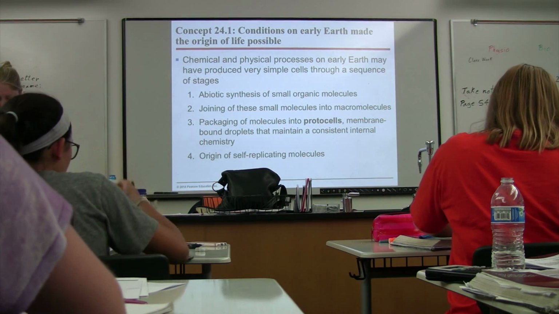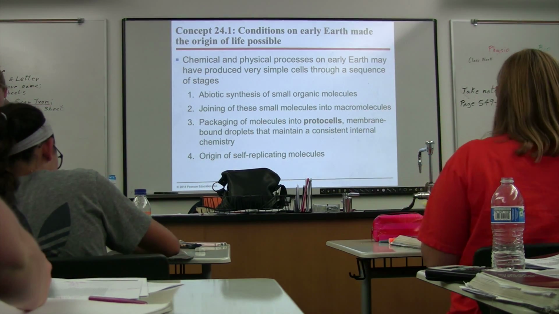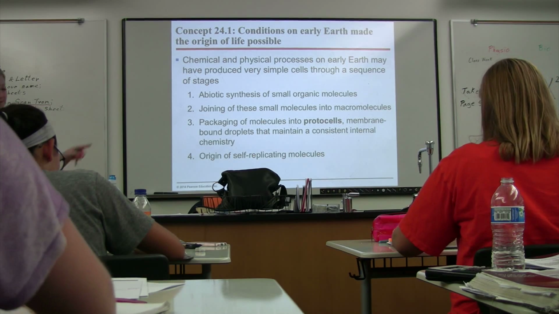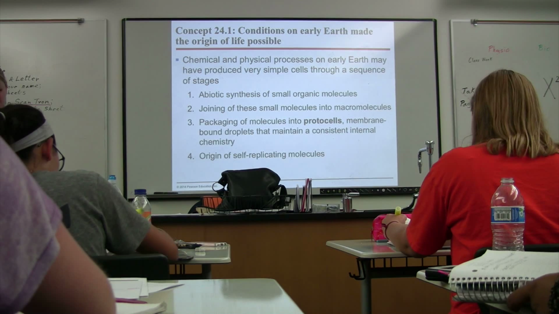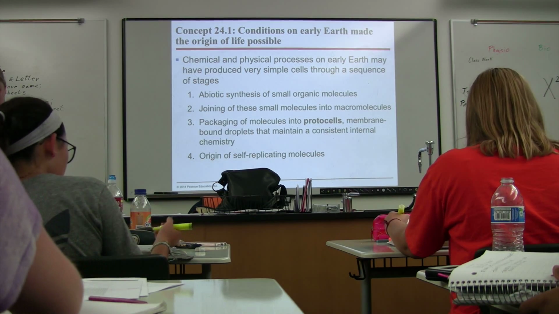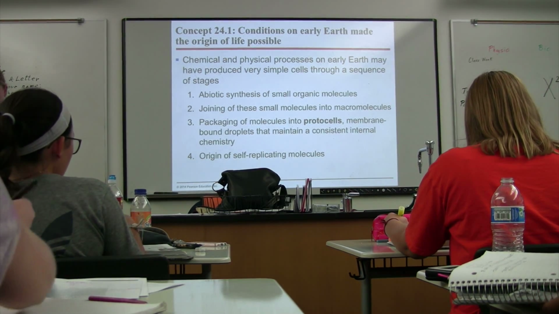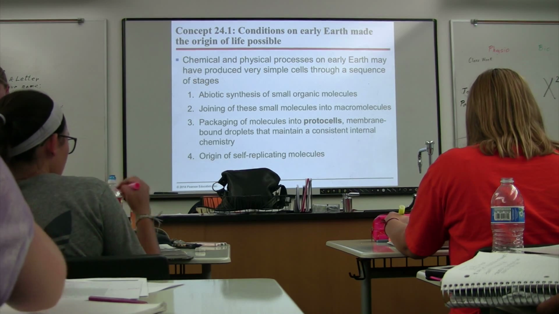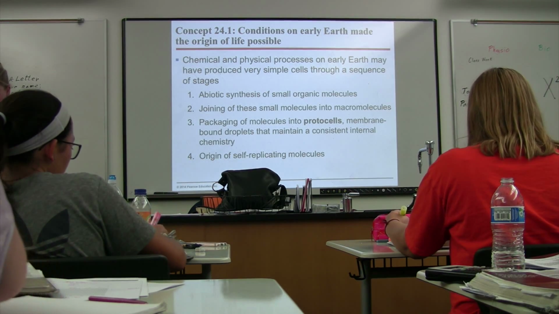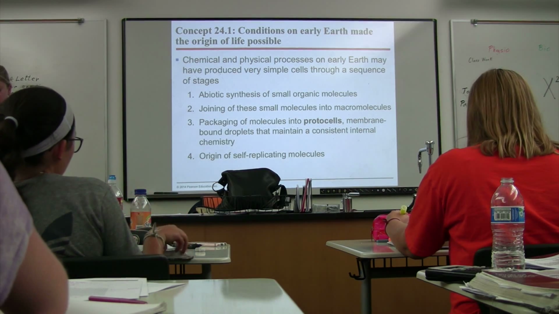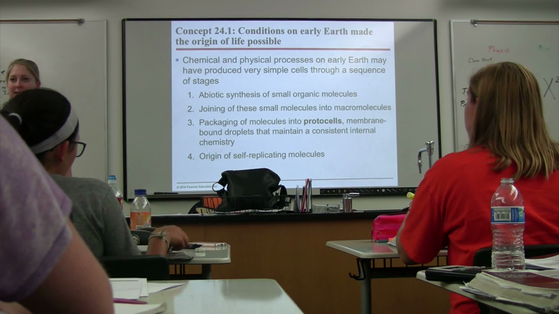If you look, the two things that I care about you starting are on page 459. This list of 4 things, and then synthesis of organic compounds, the Stanley Miller experiment. Those are pretty much the only 2 things we're going to cover from chapter 24. The rest of it you already know with binary fission, or the reproduction of bacteria cells that produce clones of themselves with the exception of mutation.